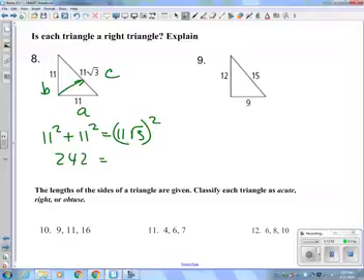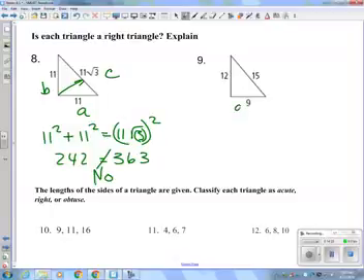But if I type parentheses 11 square root of 3, I'll have to end the parentheses because it's going to make me put them around the square root of 3 and the whole thing. So I have to end 2 parentheses before I square. I get 363. So they're not equal to each other. So this is not a right triangle.